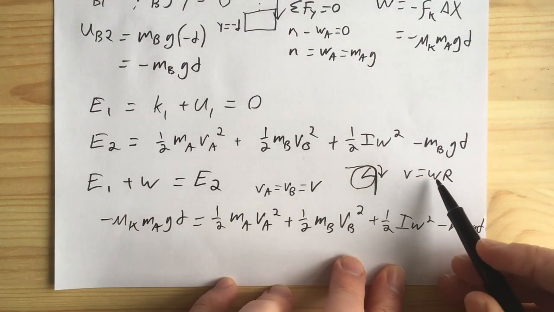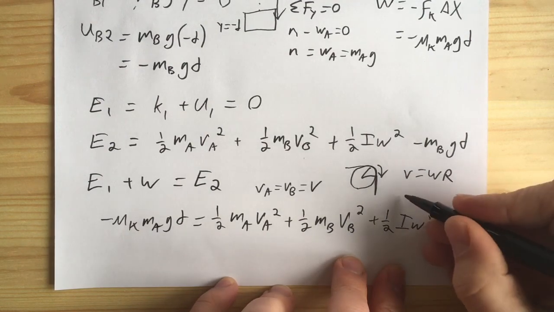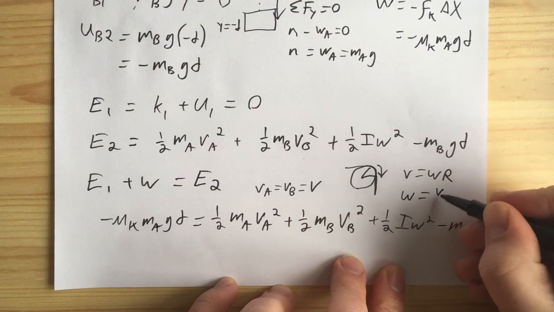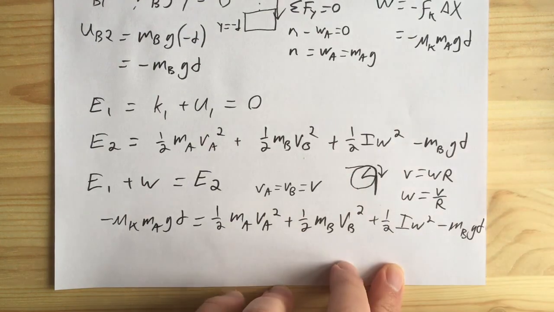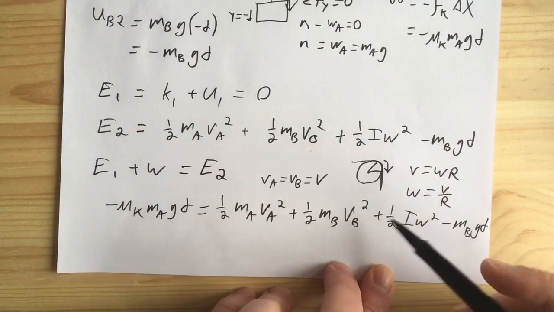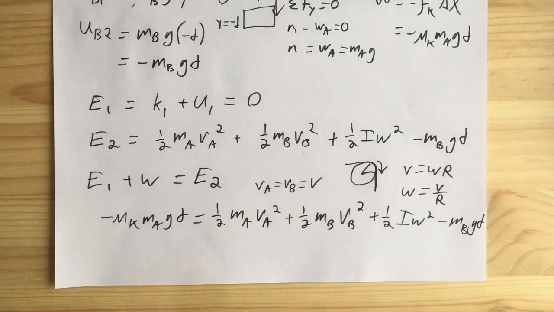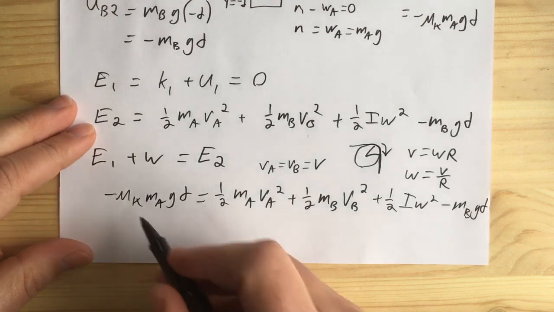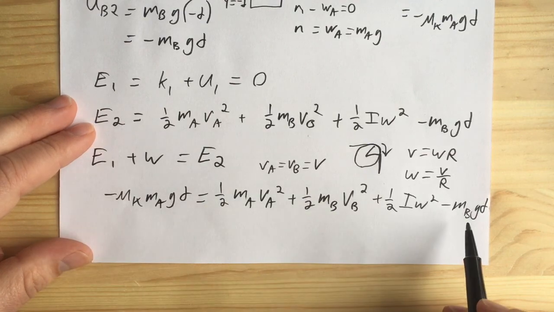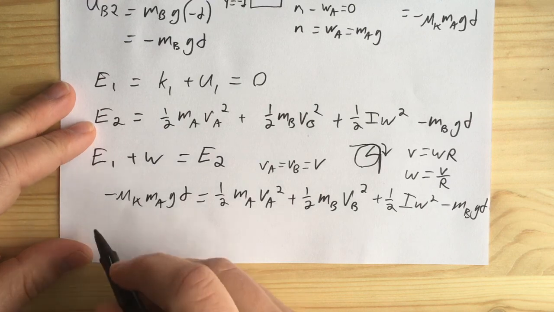So if I want to write this in terms of the linear velocity, I just have to solve for omega, and that's omega is v over r. So I'm going to replace this omega in this equation with v over r, and then this term and this term will have a v in it. I can then factor that term v out and solve. So let's do that. And I'm also going to just move this term over to this side of the equation just to simplify things a little bit.